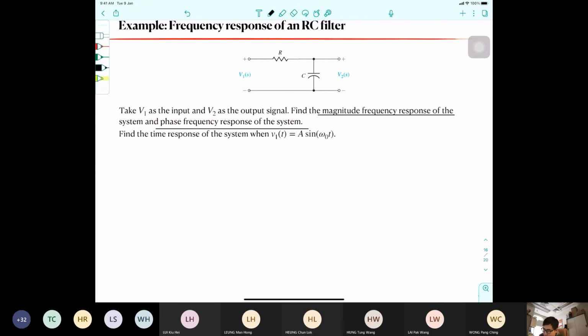Secondly, find the time response of the system when the input is sine omega 0 t. Firstly, I give you 1 minute to find the transfer function.